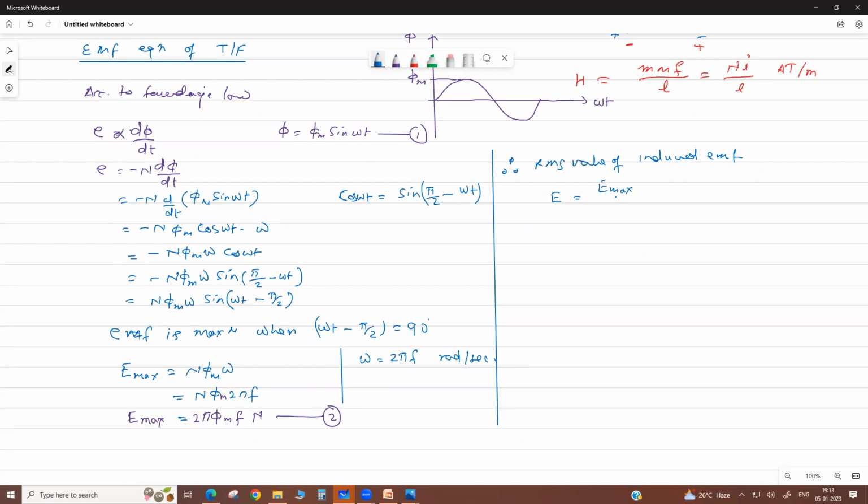Maximum by root 2. So this is 2 pi by root 2, and this E maximum value we put here, 2 pi phi m f N. Okay, dear.